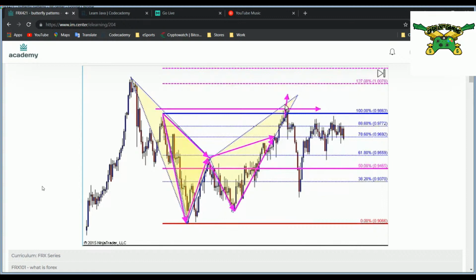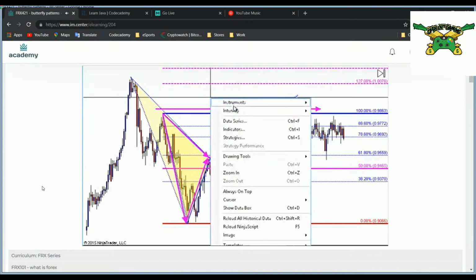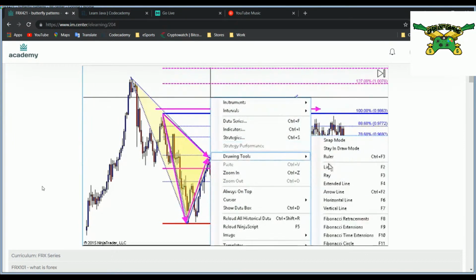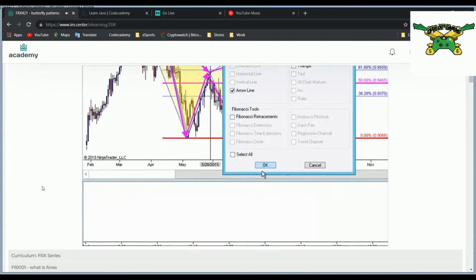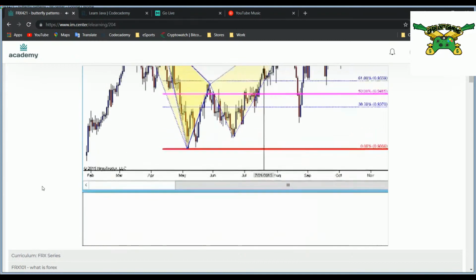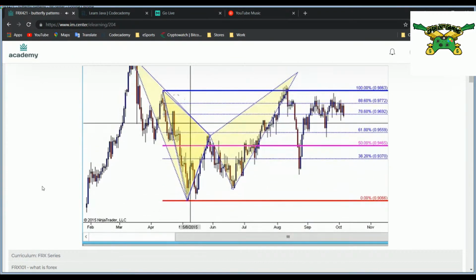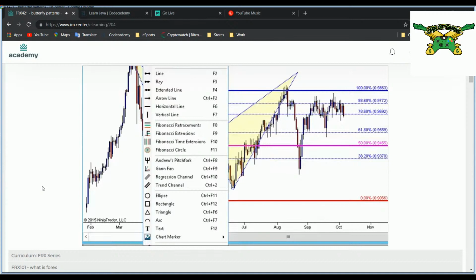So what we're going to do is erase the arrows, and we're going to draw in the other pattern.